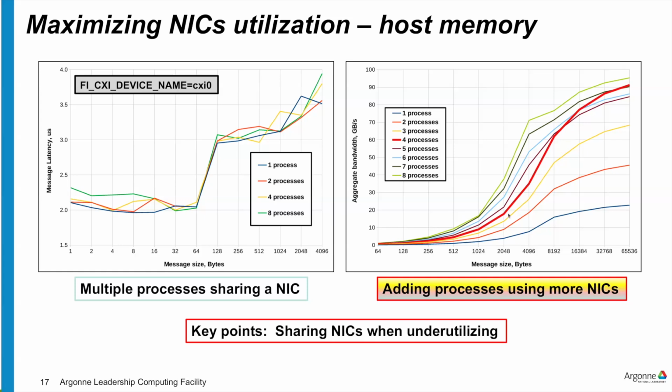You have the best performance for single process, single NIC communication operation. If you have 8 MPI processes, then 2 MPI processes are actually sharing a single NIC. And again, because of the balance, you have the highest bandwidth in your example. So try to balance the number of NICs and the number of MPI processes you're running.